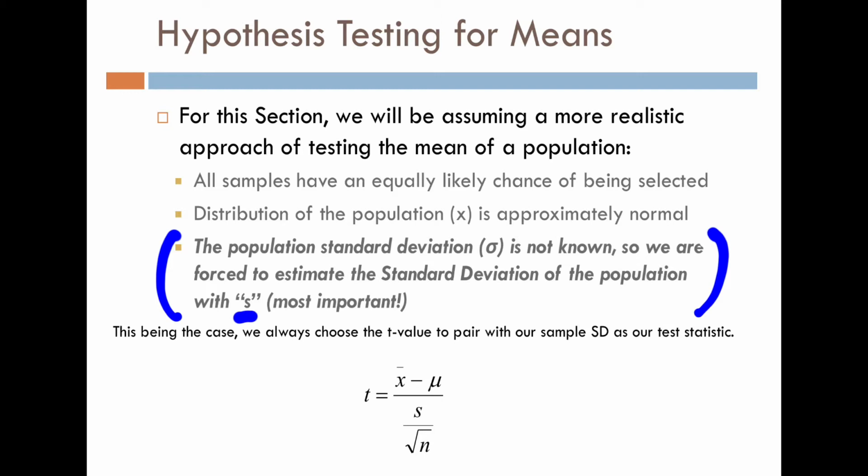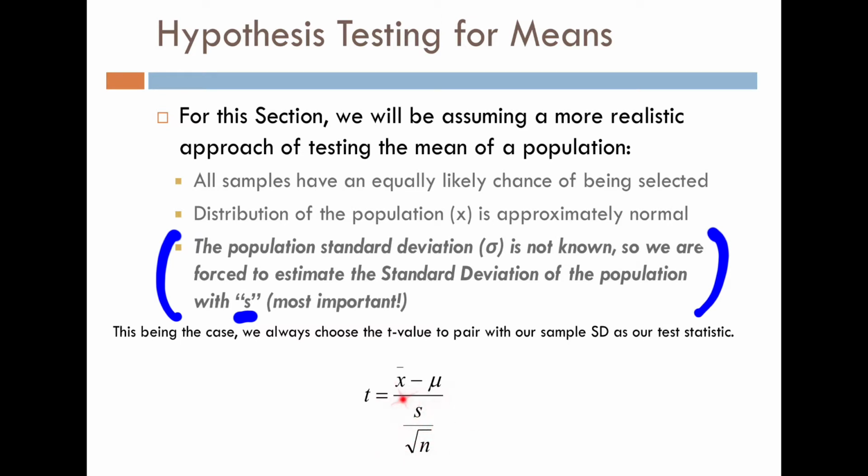So since we are using S, the standard deviation from a sample, we pair that up with the t-curve. And hence, our test statistic is a t-test statistic, where we take, just like before, the sample result minus the mu of the population, which is also equal to the mu of the center of the distribution of samples of that size, and then divide by S over the square root of n, instead of sigma.